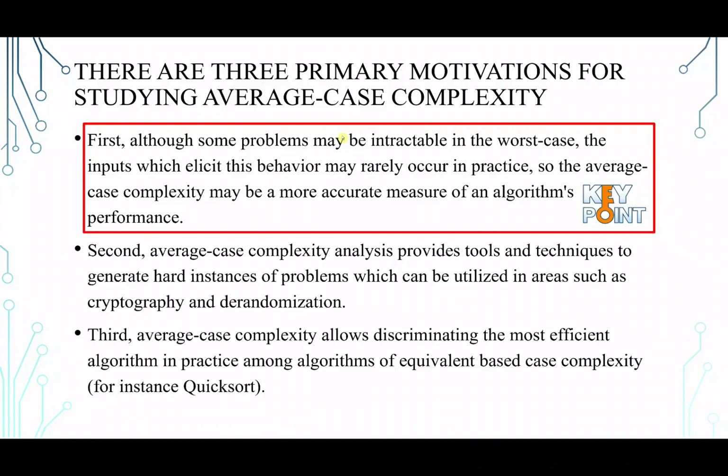First, although some problems may be intractable in the worst case, the inputs which elicit this behavior may rarely occur in practice. So I would go find it in the average case, because I may not encounter the worst case.